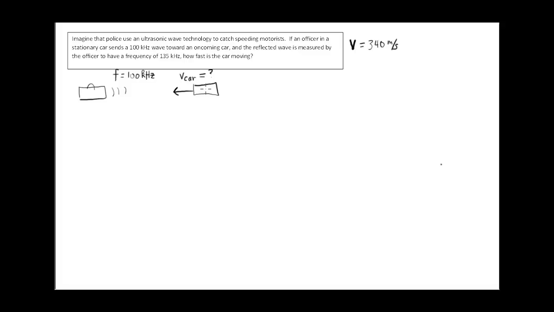And so I'll just draw that on here. We've got observer, and then we've got source. And the reason we do this is in the second part, we're going to take the waves that are reflected from the car going back to the officer, and the car in that second part will act like the source. The officer will then be the final observer.